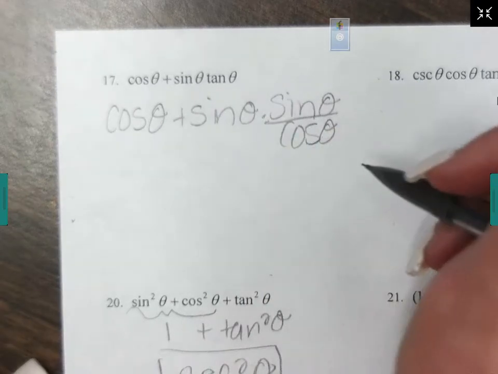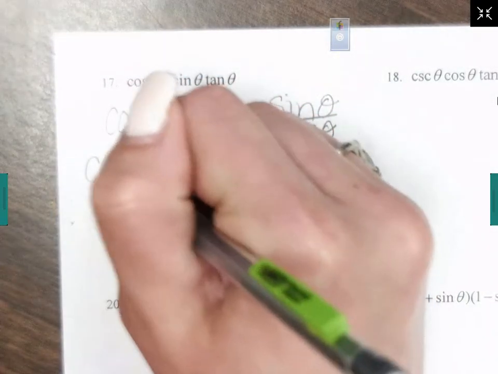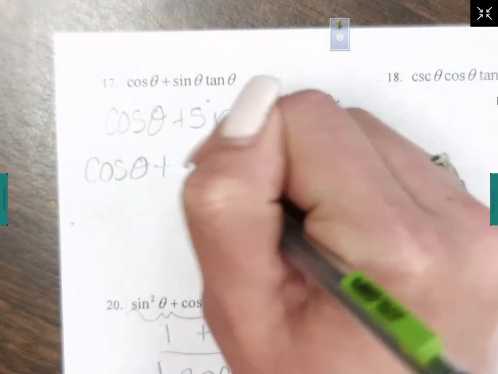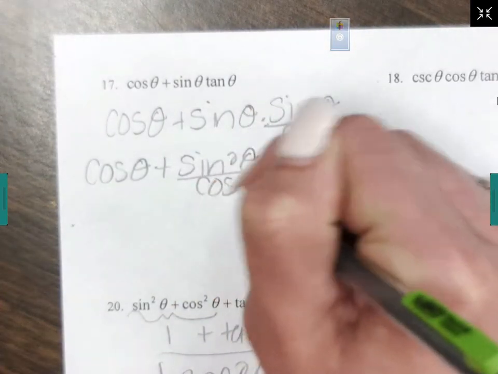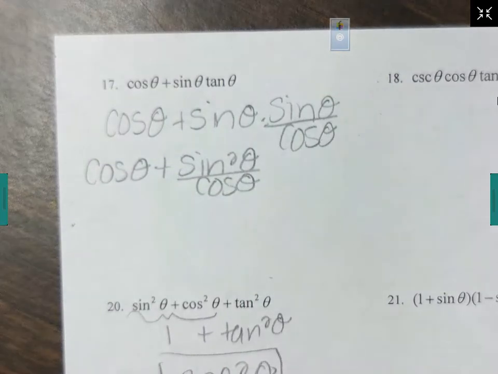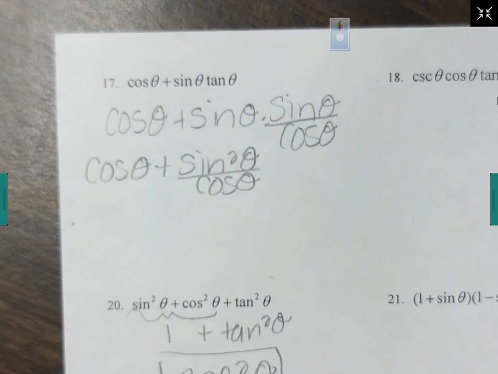So now this is going to give us cosine of theta plus sine squared of theta divided by cosine of theta, okay? Now, we look at this. What are you thinking? It's going to cancel out cosine of theta. Well, we can't do that because we're adding, not multiplying. Make the common denominator. Common denominator, very good.